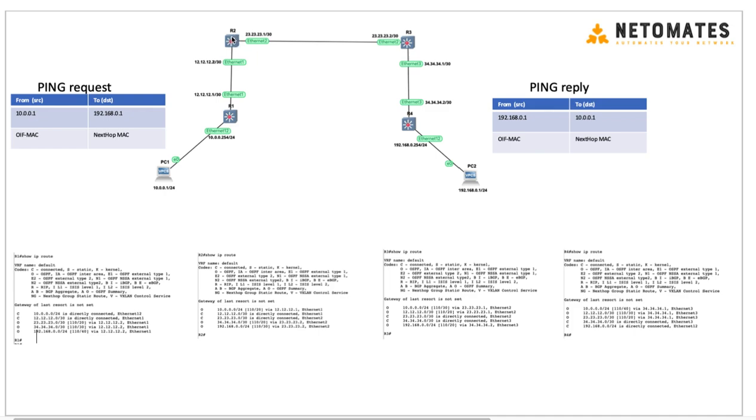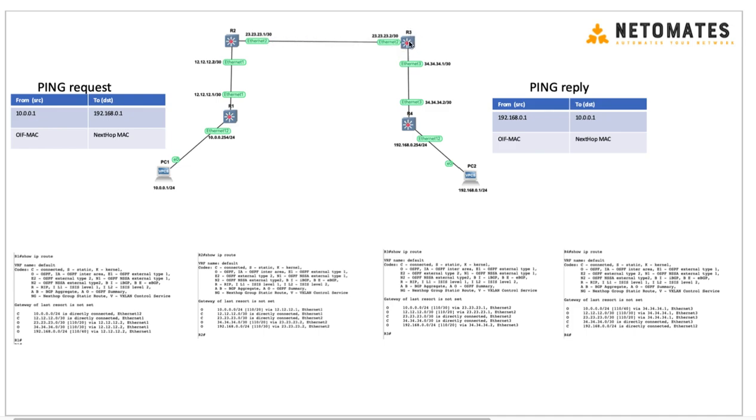Once it arrives on R2, R2 will again check its routing table to see where it should forward the packet destined to 192.168.0.1. This time the next hop is 23.23.23.2, which is towards R3. That's correct as per this topology.